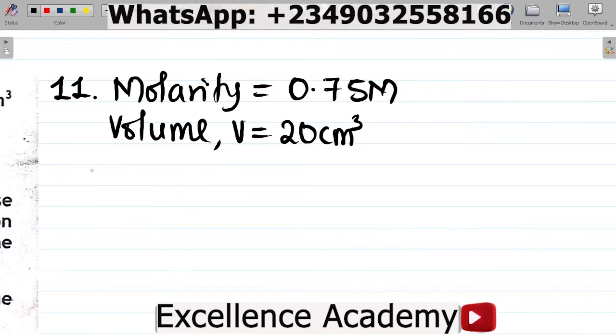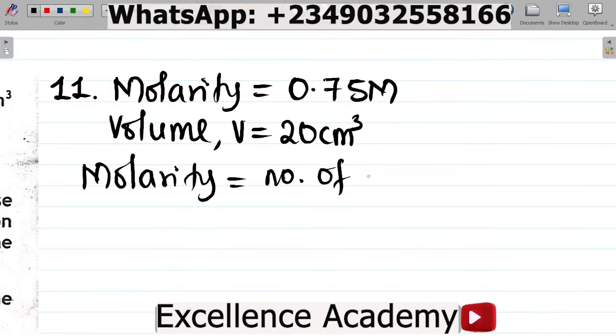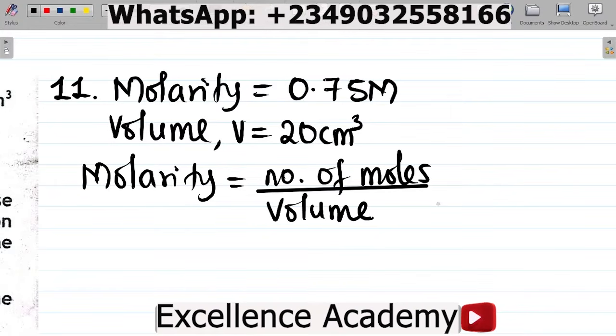The first thing is that I want to recall that molarity is simply the ratio of the number of moles all over volume. Molarity is measured in mole per dm cube.